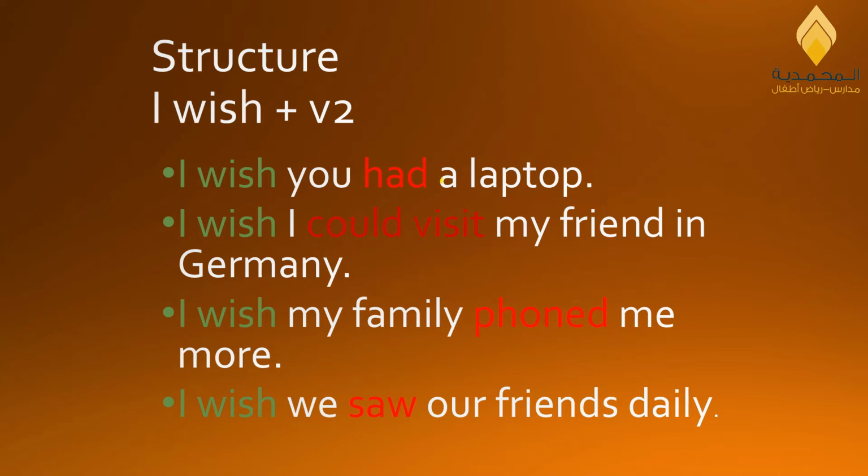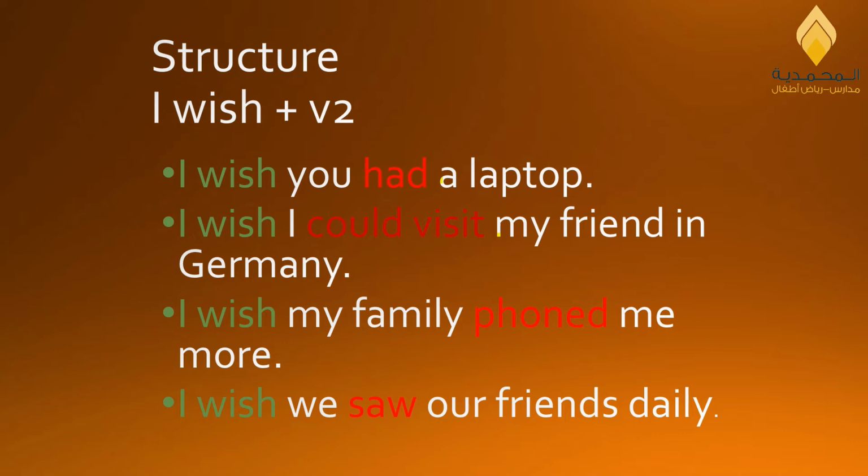Next, I wish I could visit my friend in Germany. Again, you start your sentence with I wish, and after that, you add could or would to express a situation that you want to be different. Next one, I wish my family phoned me more.